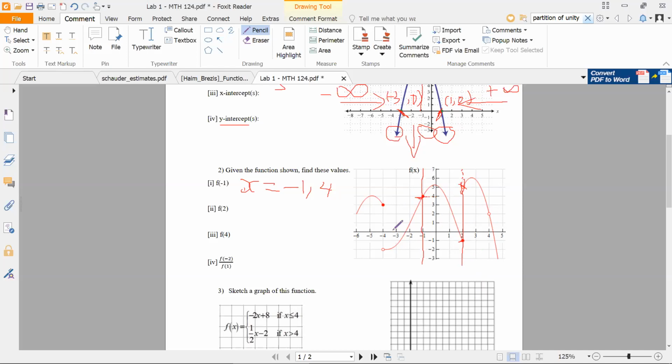This is the most important thing. For the open dot, we don't have the value for that dot. We just have the value for the red dot right there. So when looking at the graph, I will always pick the red dot. I will not pick the open dot, meaning that this point is not the correct point.